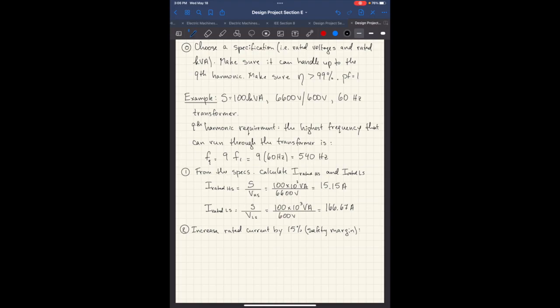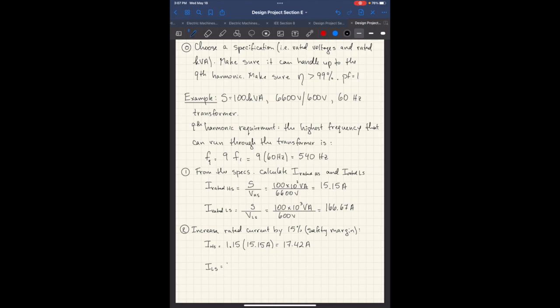So let's do it. So I high side. Basically, we have to multiply the rated value by 1.15 because we want to increase by 15%. So it's going to be 1.15 times 15.15, and that's going to turn out to be 17.42 amps.